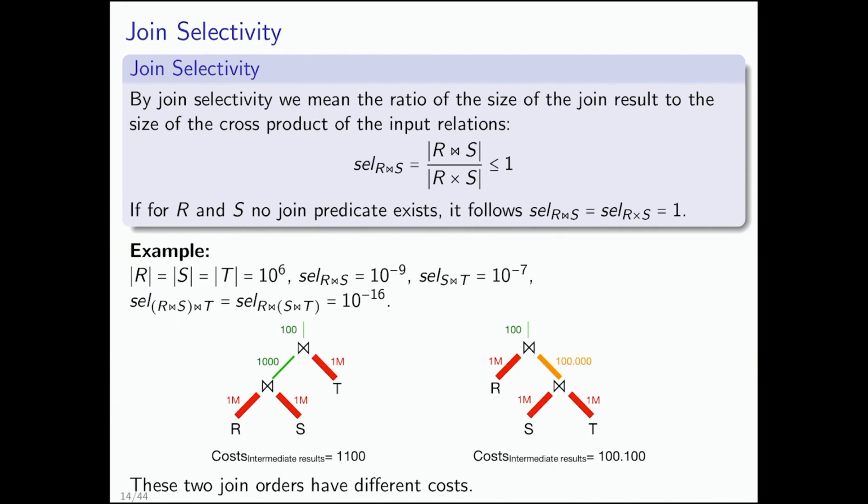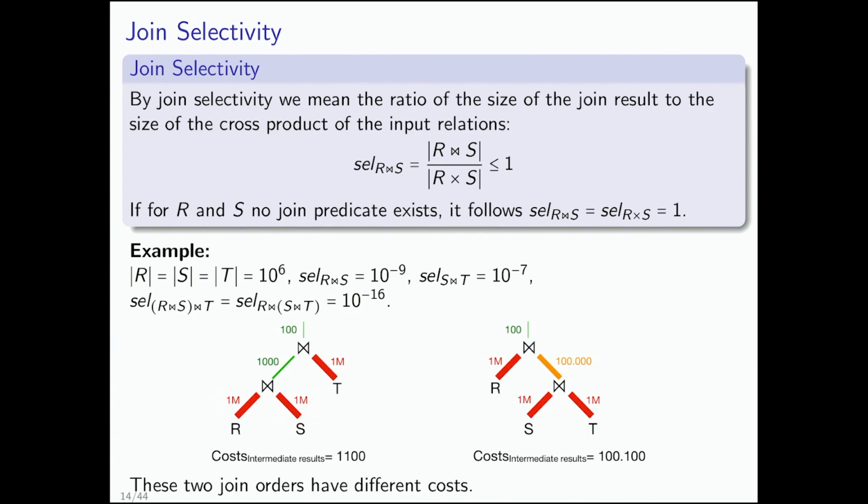So assume all of these relations R, S, and T have 1 million tuples each. And then you have selectivities defined among those for the joins. And then you basically can do the math of what that means. Depending on which join you do first, 1 million times 1 million would be the cross product, so 10 to the power of 12 tuples are in the cross product.